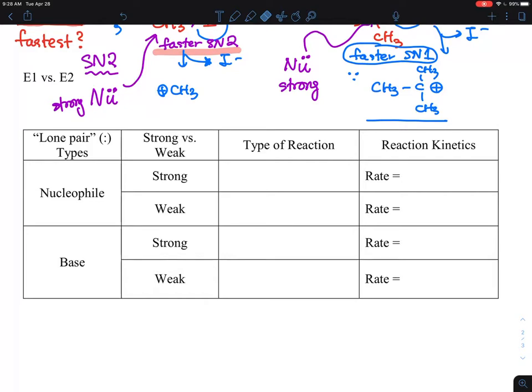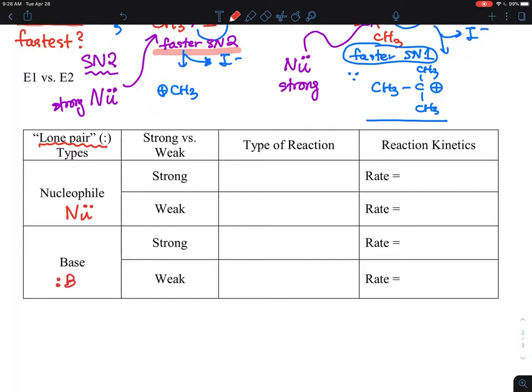Okay, so I said here a lone pair type of electron, a compound that contains a lone pair. That's why we call a nucleophile with these two dots, the base with the two dots.